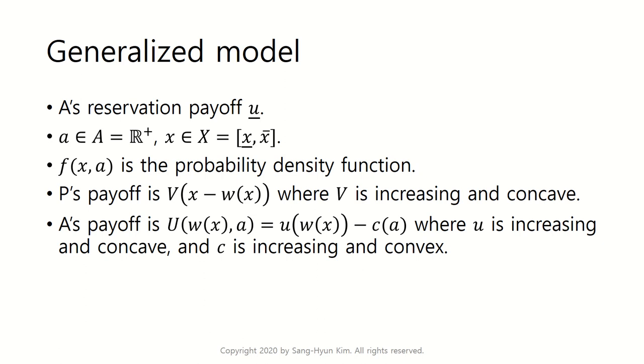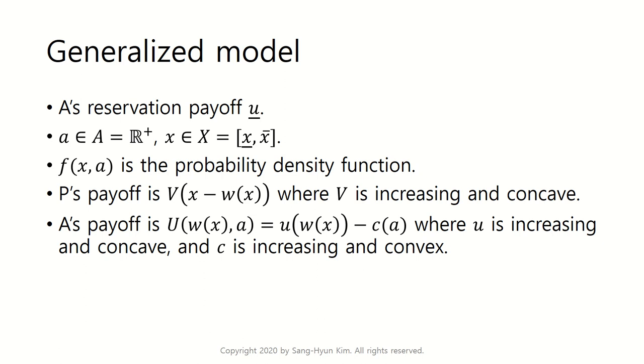And the principal's payoff is v. At the beginning we assume that v is an increasing and concave function, and we will just stick to that assumption and add no more. And the agent's payoff is u minus c; we just keep the agent's payoff as assumed at the beginning.